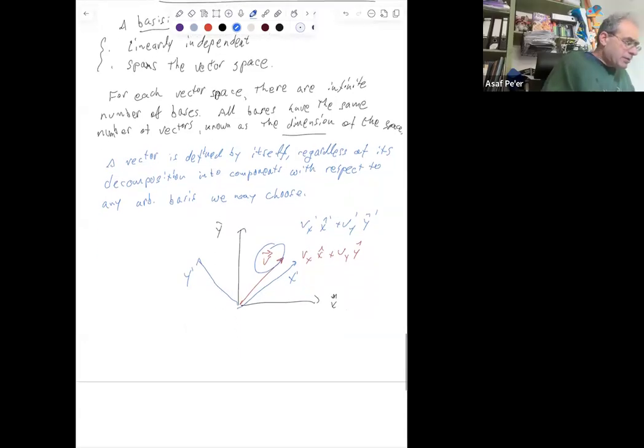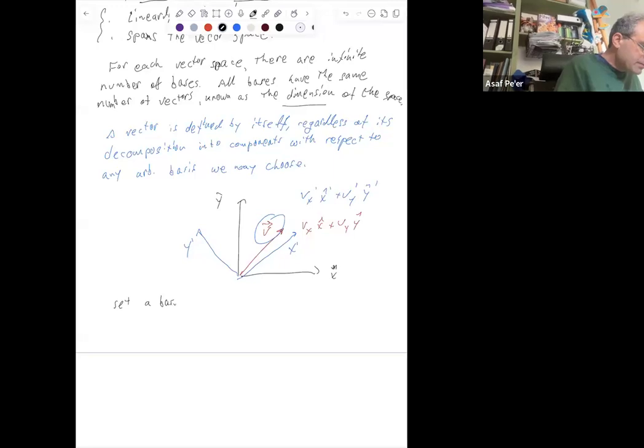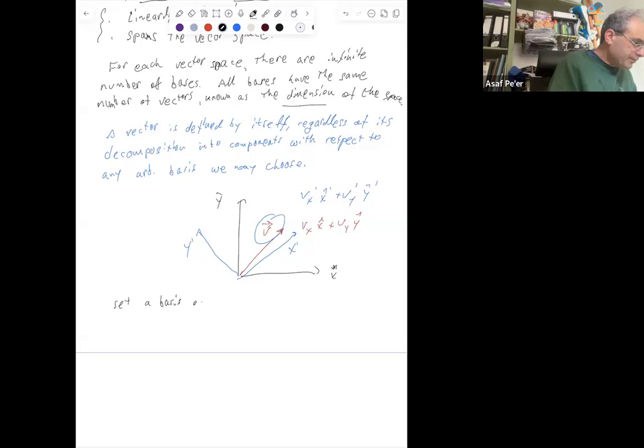So again, let's look now at this point P and the tangent space. Consider the tangent space TP at point P. Set the basis of TP of 4 vectors, which I call E mu.